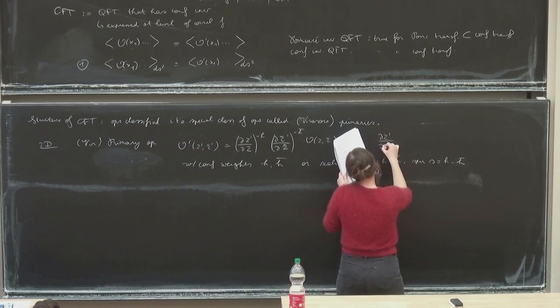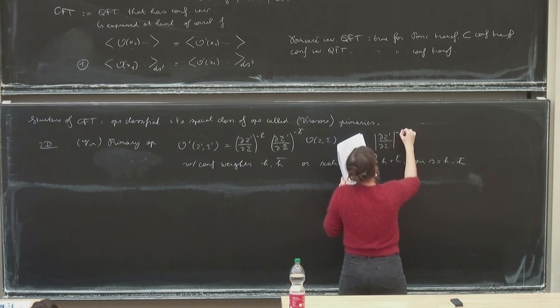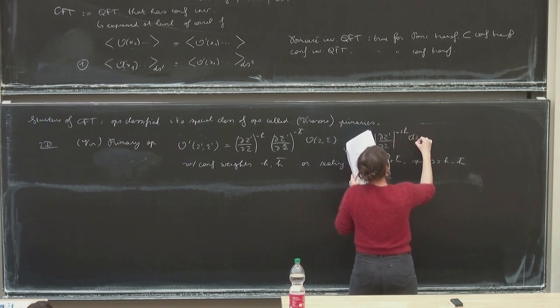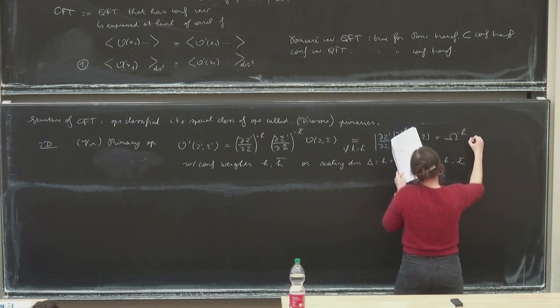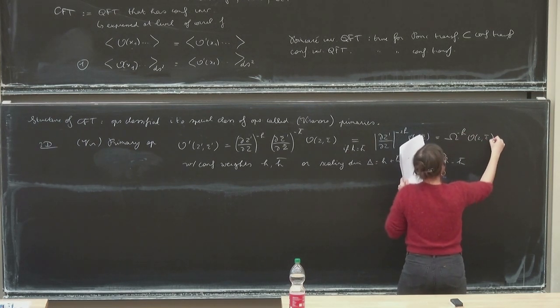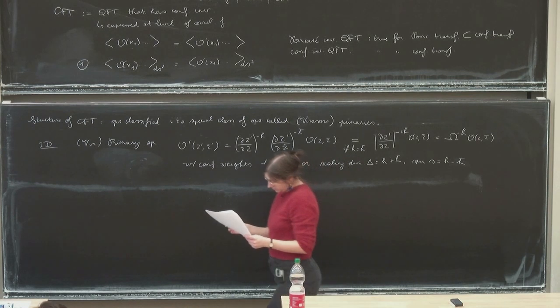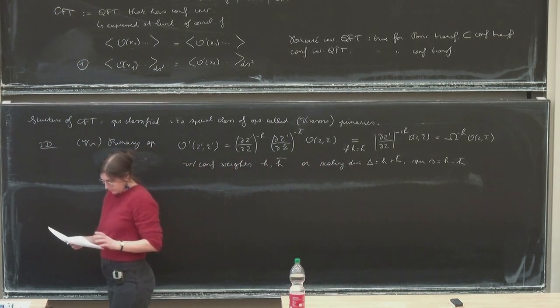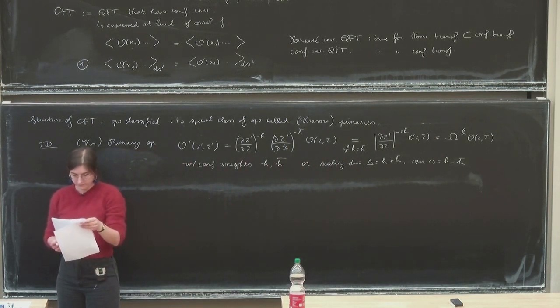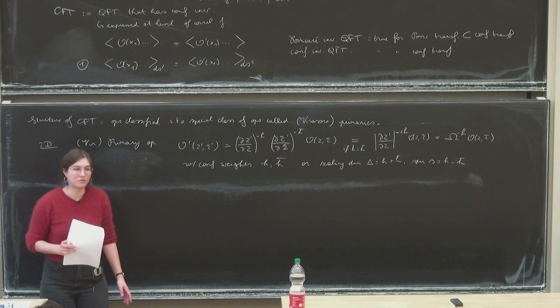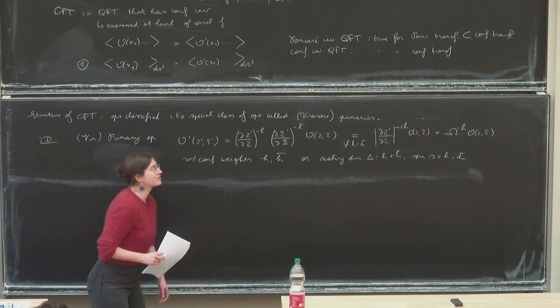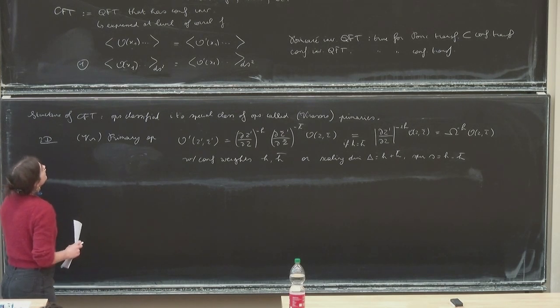So then I have dz prime dz to the minus 2h O(z, z bar), which I can write as omega to the minus h O(z, z bar). Fine. So for some people, this is all repetition, so I'm trying to go a bit faster.